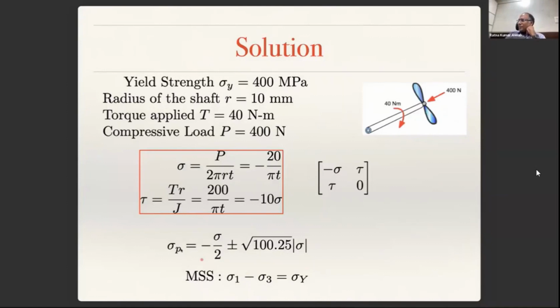For sigma p, one can actually find the equation for principal stress using normal stress in all the directions and shear stresses. If you plug in that formula, this is what you will get. And there are two, because it's a two-dimensional thing.